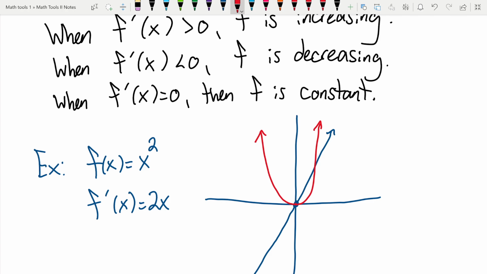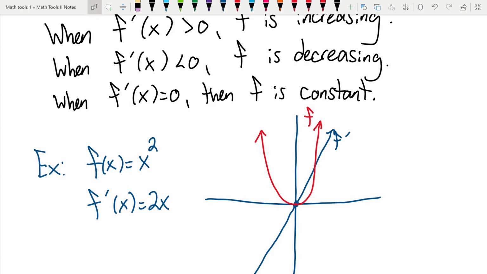Not drawn very well as usual, but we're just looking at if it's increasing or decreasing. So of course the blue line here is f prime, the red line is f. So we can see that when f prime is positive, the function is clearly increasing, right? It's going upwards. And when f prime is negative, the function is clearly decreasing, right? It's going downwards.